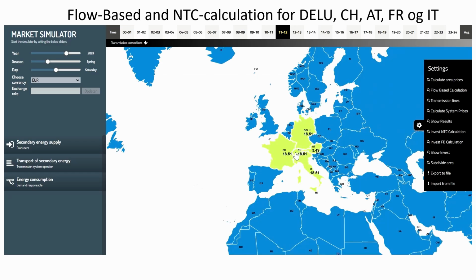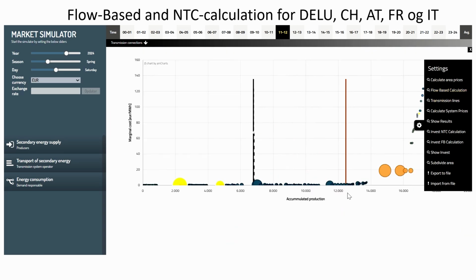If I make a flow-based calculation and click on Switzerland, you can see that this is again the same demand, but now the production is much less, and it is these units here that are the price setting units.